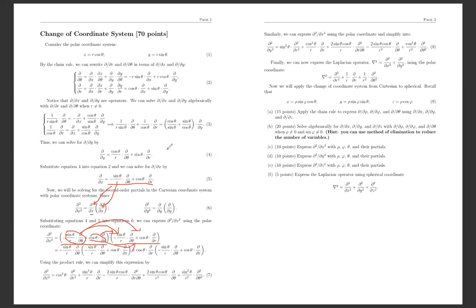Basically, this is the FOIL. This is kind of messy. So what I will show you, for example, is partial of partial theta of these parentheses, and how I expand this.